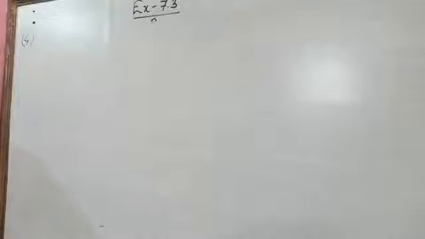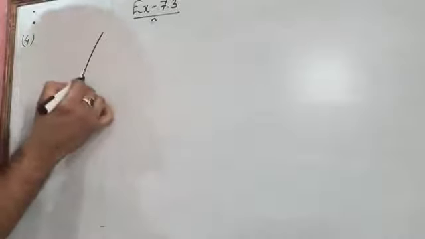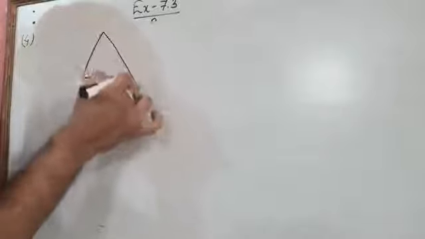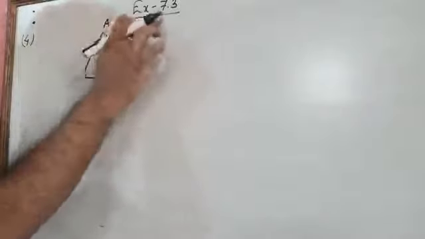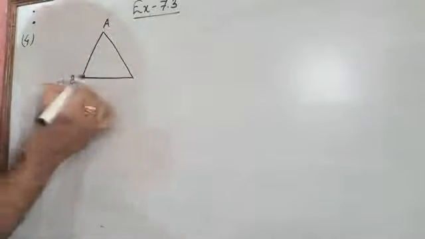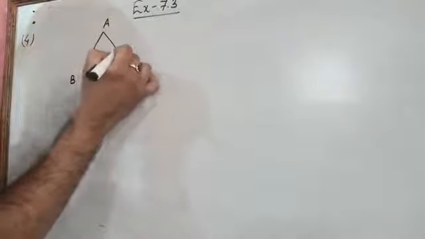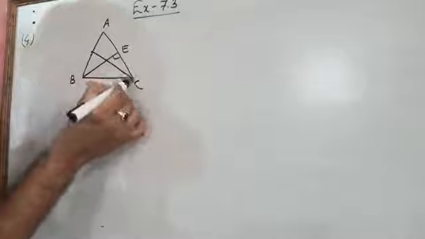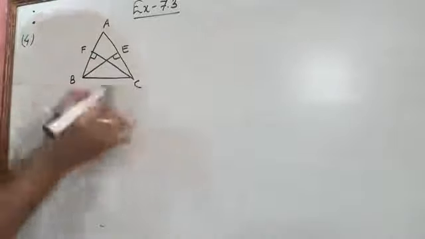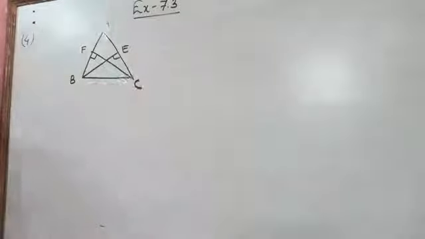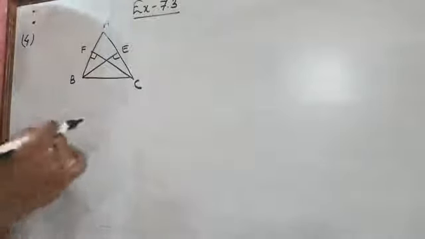Using RHS congruence criteria, prove that triangle ABC is an isosceles triangle. There is one triangle ABC, and BE is the altitude, and CF is the another altitude, and these two altitudes are equal. And we have to prove that ABC is an isosceles triangle.